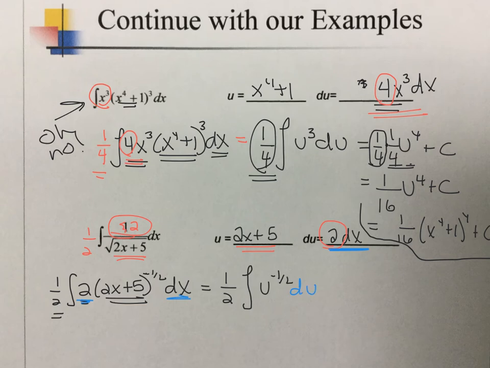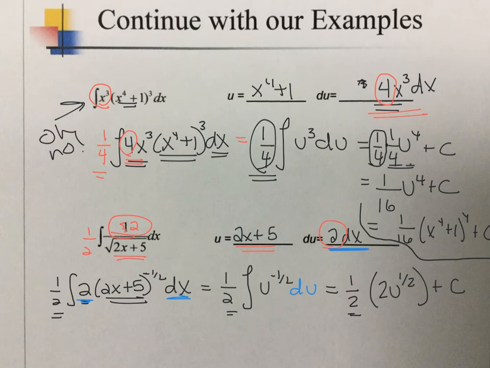Right, so now from there I can integrate this. So if I integrate it, it goes 1/2, right? That's my 1/2 right here, times integrating the u to the negative 1/2, which would be 2u to the 1/2. And now I add plus c.